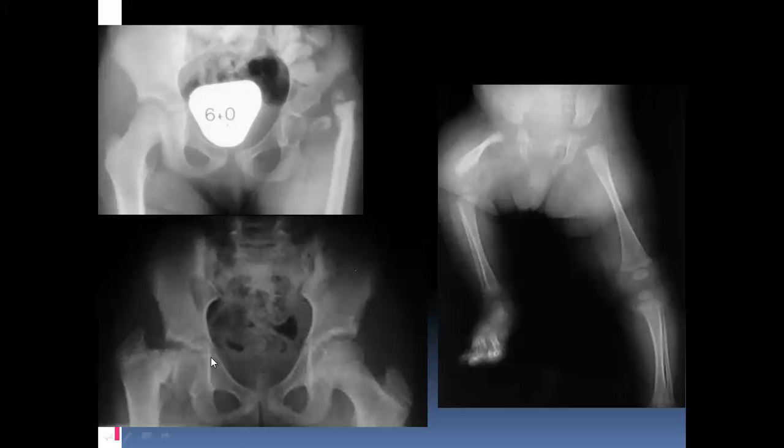And here you can get the famous coxa vara deformity with the inferior displacement of the femoral capital epiphysis and the triangular piece of bone that is slipped femoral epiphysis.